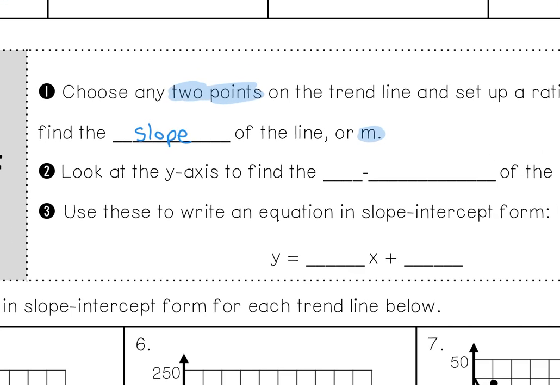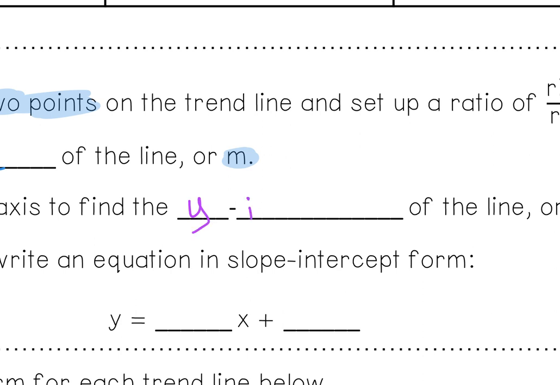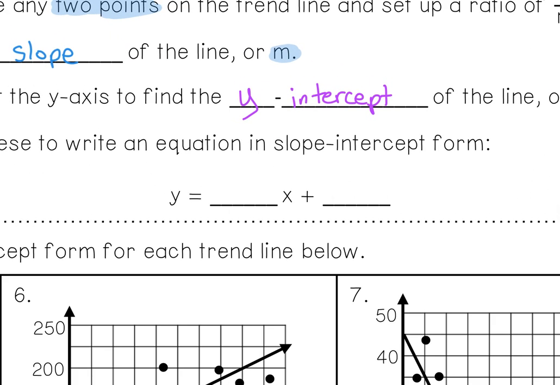Then we look at the y-axis to find the what? Good. The y-intercept of the line, or also known as the, what letter? The b. Then we're going to write the equation, just like we've done in the past. y equals mx plus b. Perfect. That should not be new.